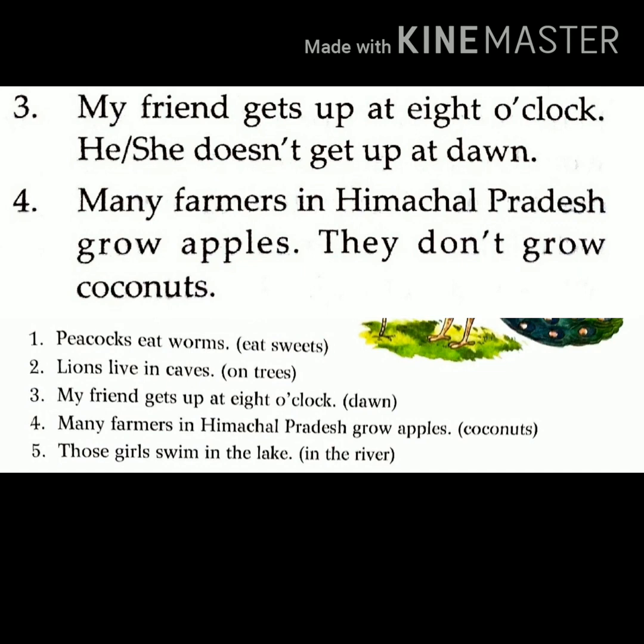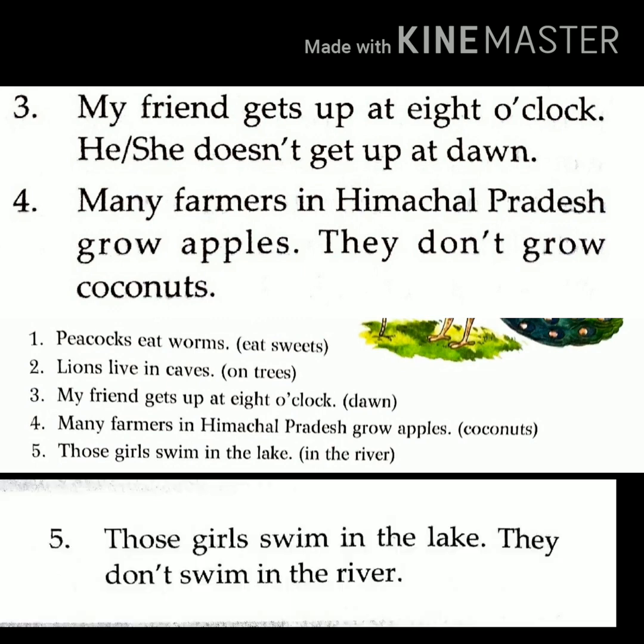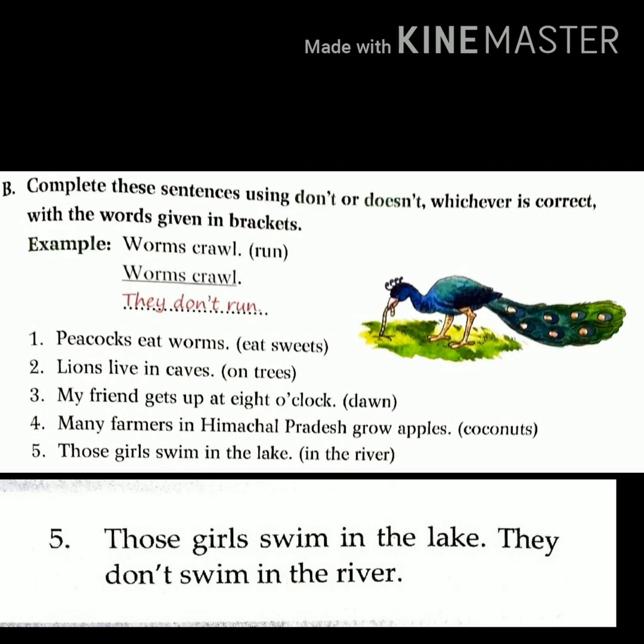Many farmers in Himachal Pradesh grow apples. They don't grow coconuts. Yes? Now the fifth one, those girls swim in the lake. In place of lake, you have to use in the river. So what will be the sentence? Those girls swim in the lake. They don't swim in the river.